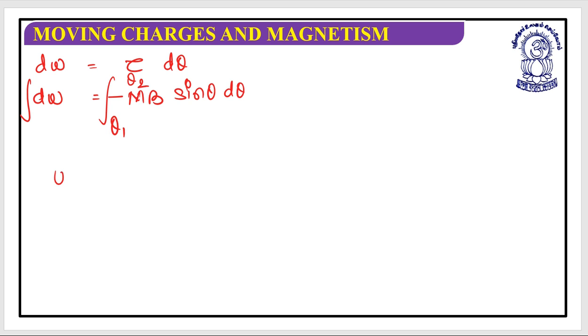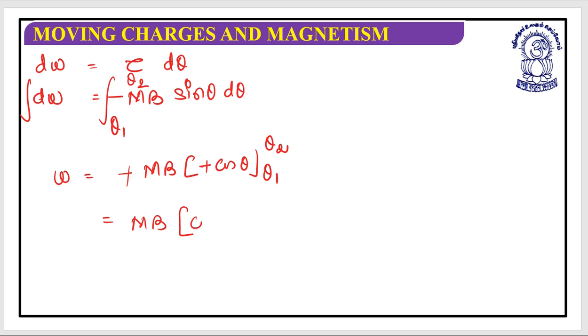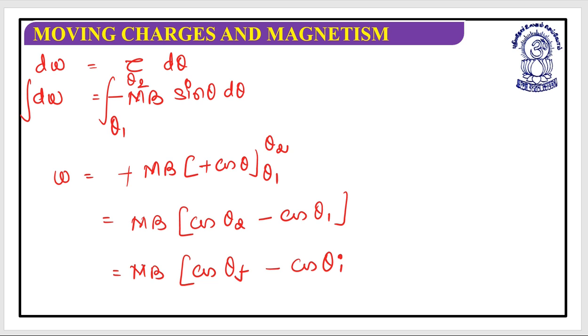This is equal to minus MB times the integration of sine theta. Integration of sine theta is minus cos theta, from theta 1 to theta 2. Minus minus is positive, so this is equal to MB into bracket cos theta 2 minus cos theta 1. Even I should write it as MB into bracket cos theta final minus cos theta initial.